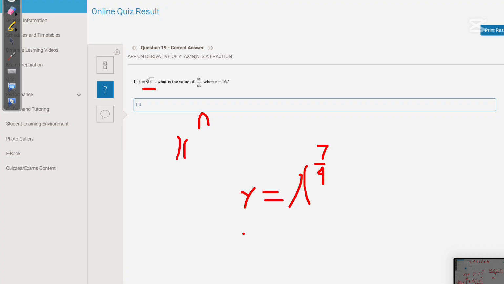Then we derive: y prime is 7 over 4 times x to the power of 7 over 4 minus 1, which is 3 over 4. Then we substitute x by 16 on the calculator: 7 over 4 times 16 to the power of 3 over 4, which is 14.